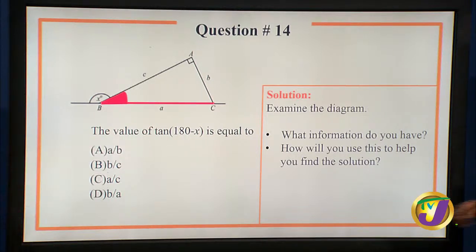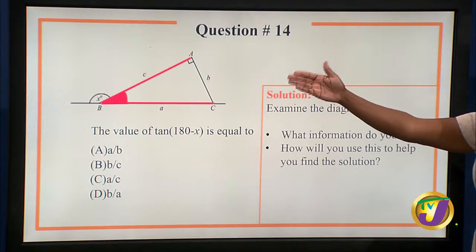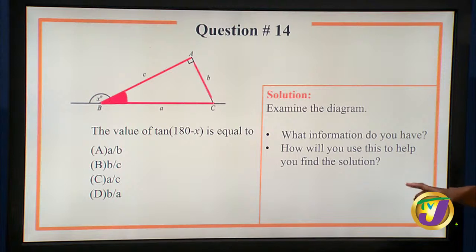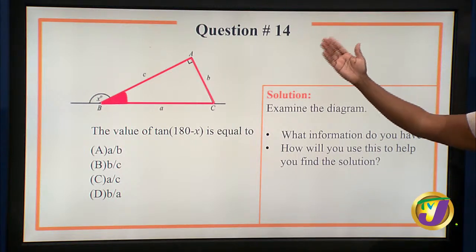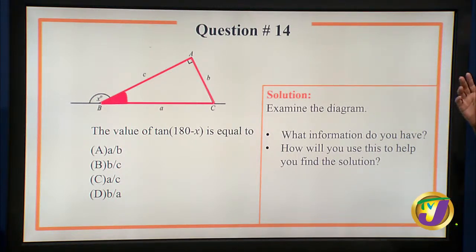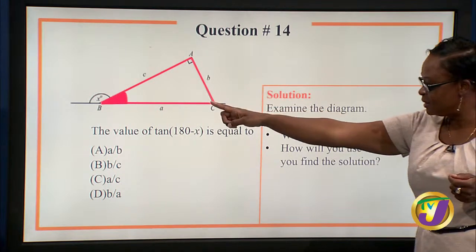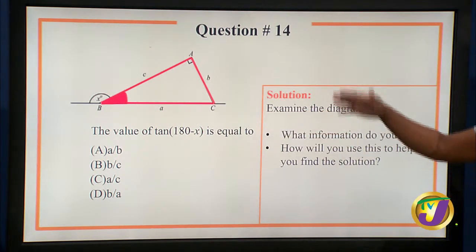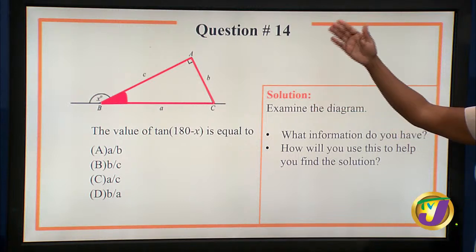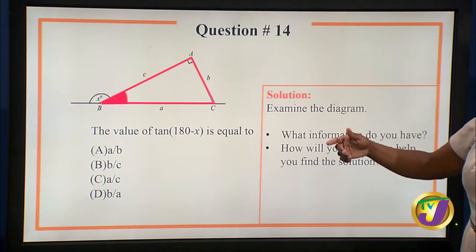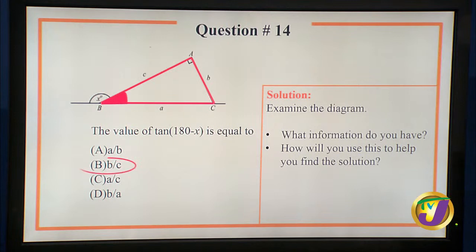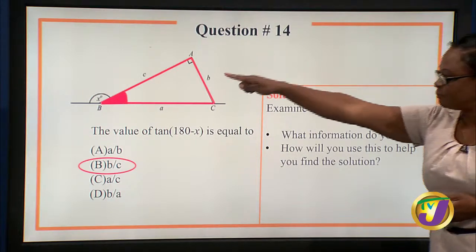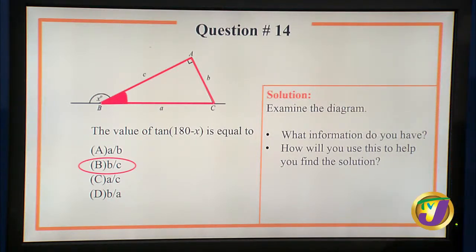We have the adjacent to the angle of focus, and of course we have the side that is opposite. So tan would be opposite divided by the adjacent.